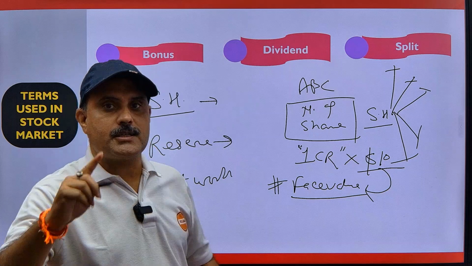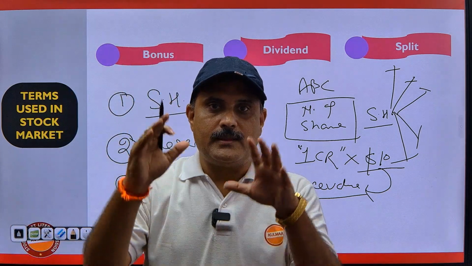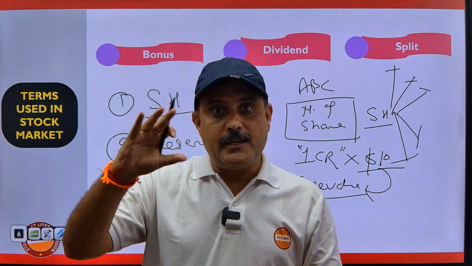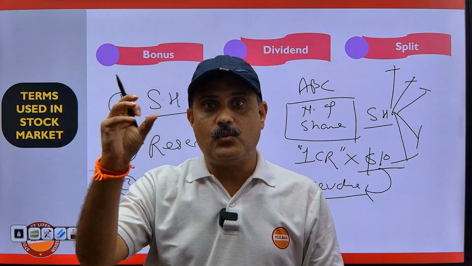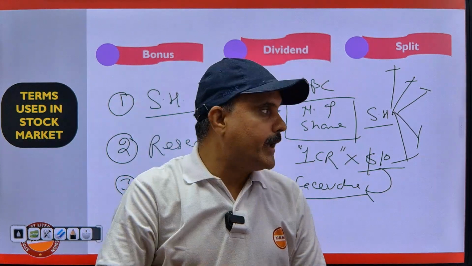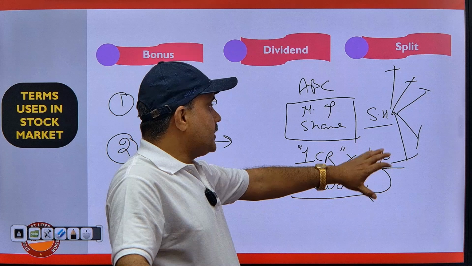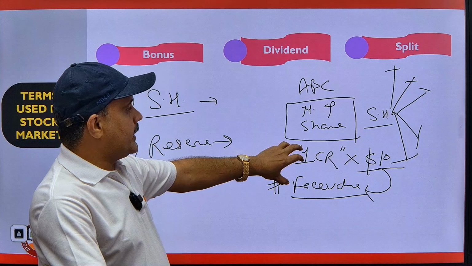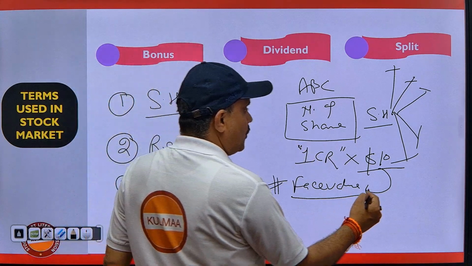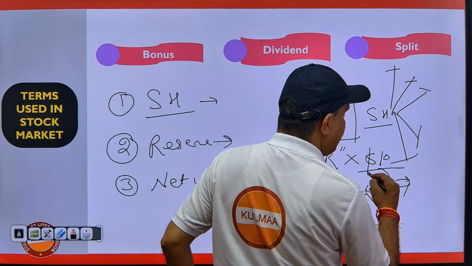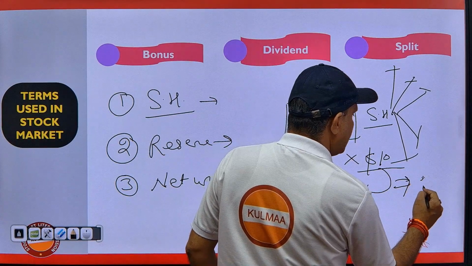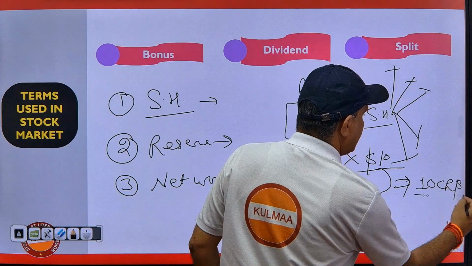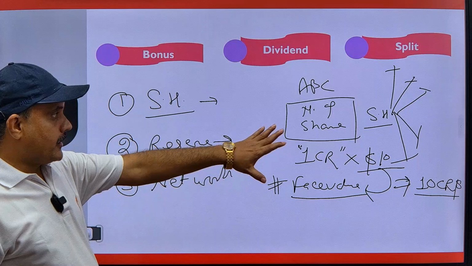Before launching the share on the stock market platform, there are directors and founders of that company, and the company gives them shares at an initial value. That initial value is known as face value. So if the initial value of that particular share was $10 and the number of shares was 1 crore, that means the total market cap of that company was 10 crore dollars.